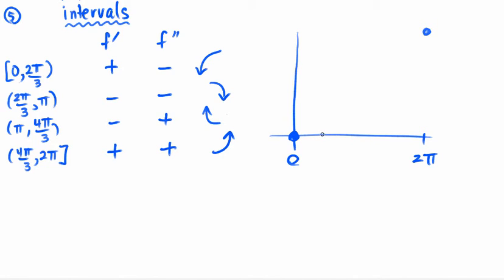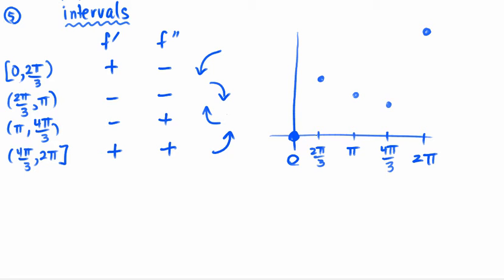At 2 pi over 3, at pi, at 4 pi over 3, I've got these transition points. 2 pi over 3 gives me a certain value. It's a critical point, so that's actually going to turn out to possibly be a local min or local max. Pi gives me a certain value. 4 pi over 3 gives me a certain value.